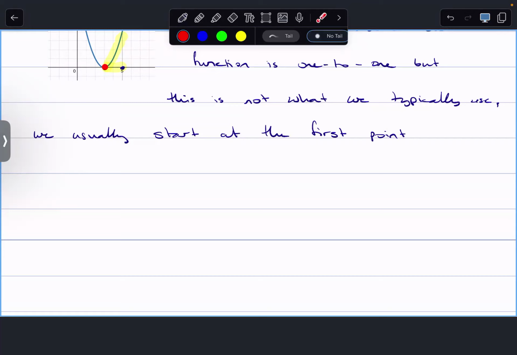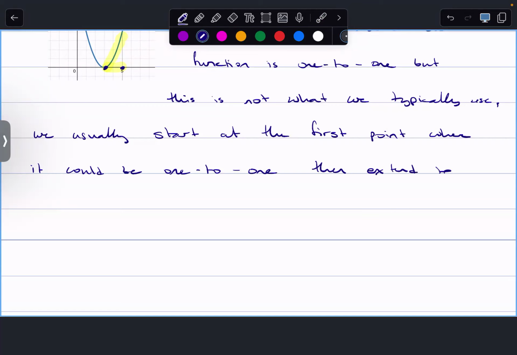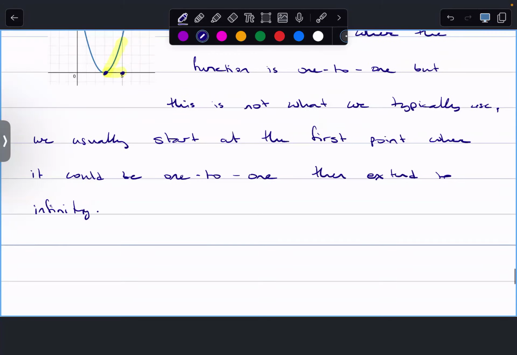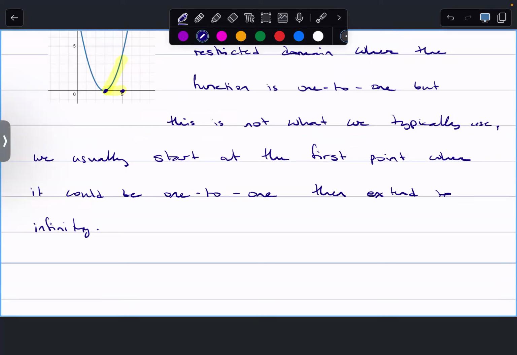Kind of the first point where it could be one-to-one. Then extend to infinity. And the first point where it could be one-to-one, in this case, would be at x equals 3. Anytime before then, it wouldn't be one-to-one.